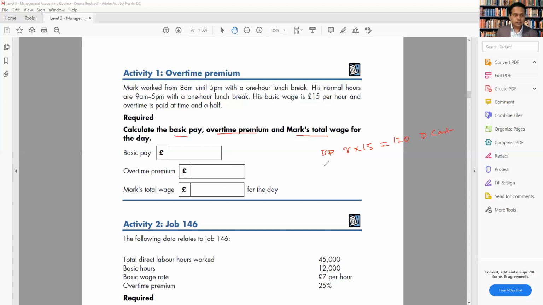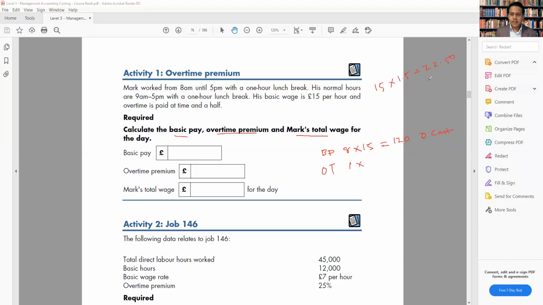Then I have overtime. How many hours is the overtime? 1 hour. And how much is the overtime I get here? We have 15 times and a half, that gives me overtime per hour. 15 times 1.5 is 22.50.